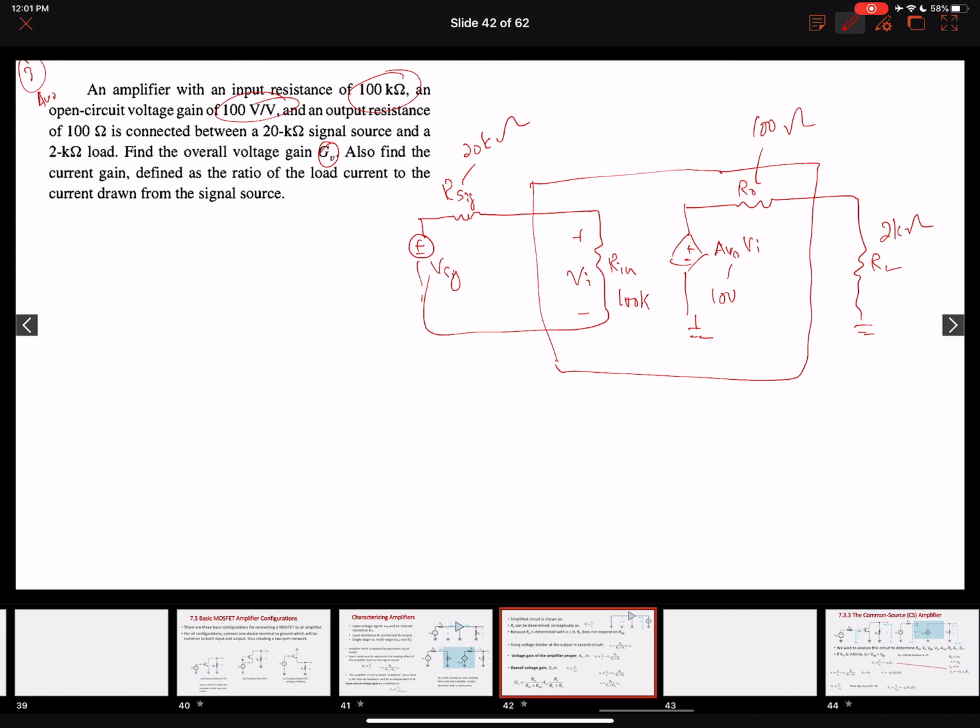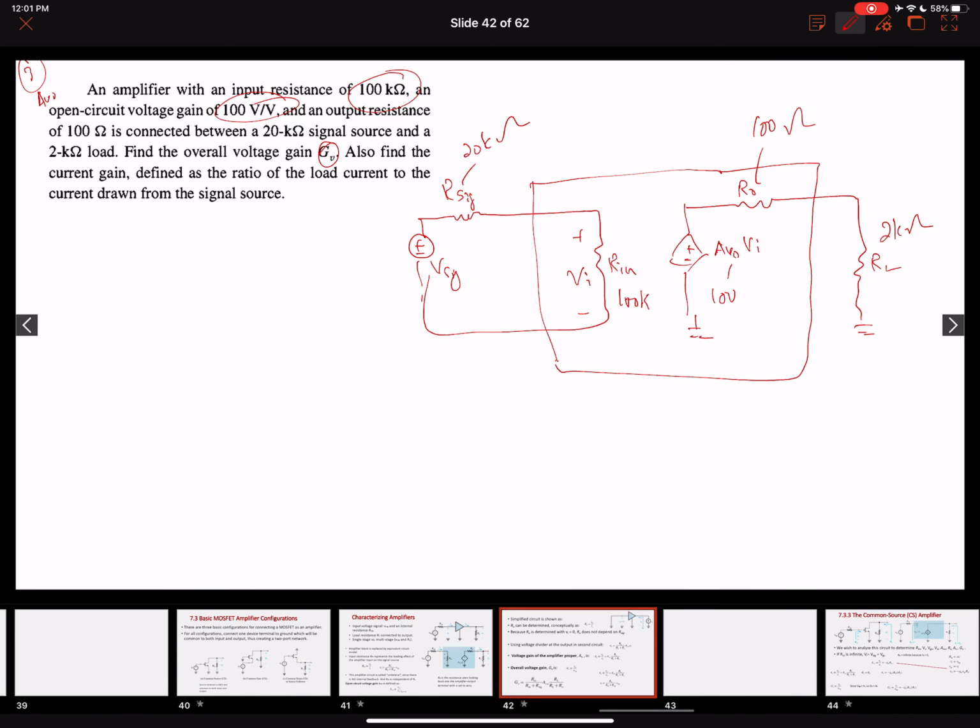So the second thing is, now let's find out the current gain, right? The current gain is the ratio of the load current to the current drawn from the signal source, right? So this is our Ii, and this is our I naught, and this is our V naught.